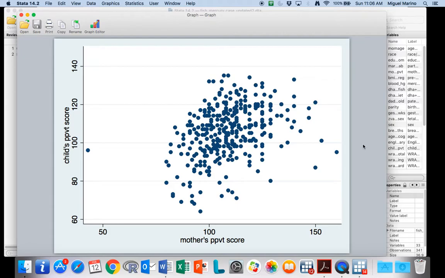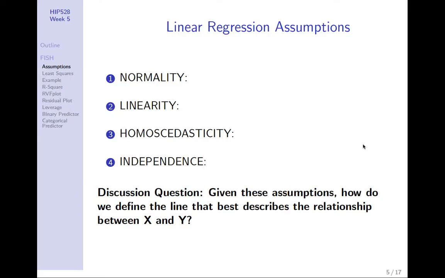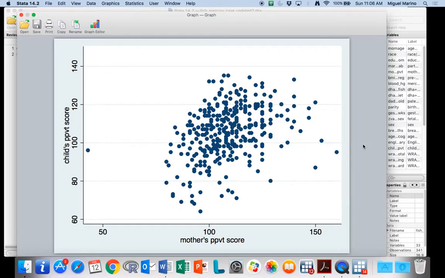And so we said, well, we could analyze this through either a Pearson correlation or a Spearman correlation, but it would be really nice to say something meaningful, like, how does an increase in mother's intelligence impact a child's intelligence? And so we said one of the best ways to represent that is through the simple idea of a line, right? So a linear regression is essentially an attempt to fit a line through these data points.